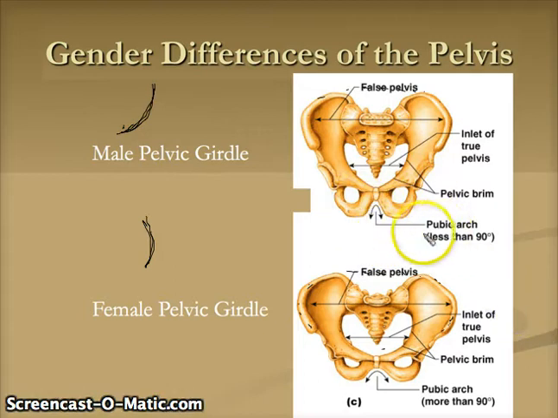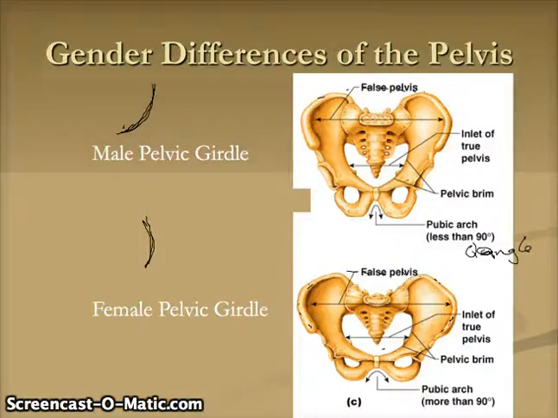So that's going to be another difference when we look at the sacrum and the coccyx. The other thing is the pubic arch, also known as the Q angle. We talked a little bit about this in class because it plays a role in how the femur exits from the pelvis and comes down into the knee and forms our knee joint, because it tends to make women more susceptible to ACL injuries than males.